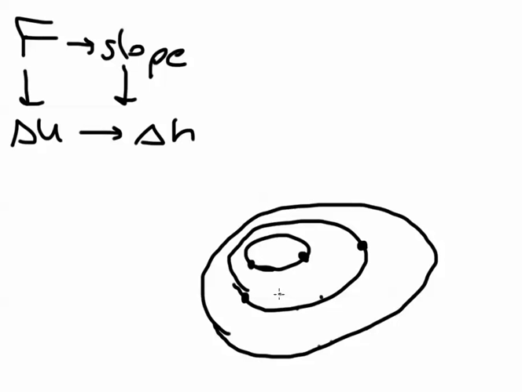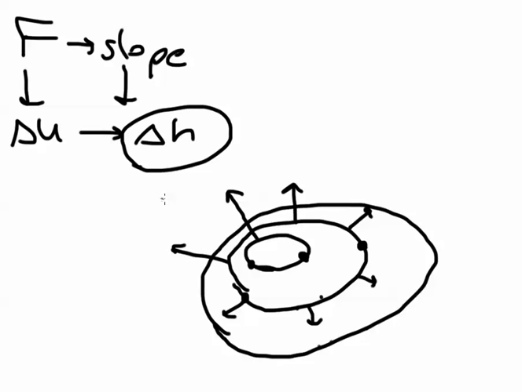Between any 2 points I can find the delta H. And I can also draw the slope arrows, which are longer where it's steeply sloped and shorter where it's shallowly sloped, right? So delta H has to do with the contour lines, and the slope has to do with the arrows, which I call the gradient arrows. Okay.